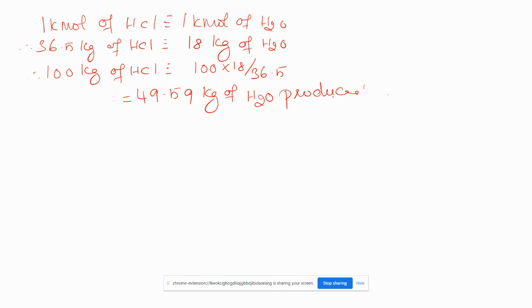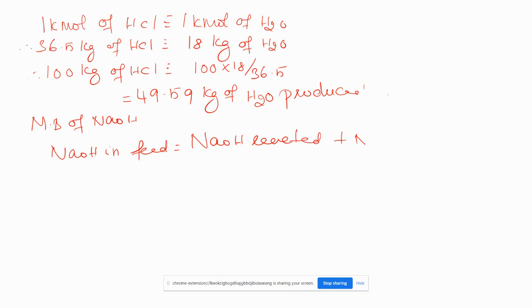Now water produced is done and NaCl produced is done. We have to find the NaOH unreacted. So we write the material balance of NaOH: NaOH in feed is equal to NaOH reacted plus NaOH unreacted.